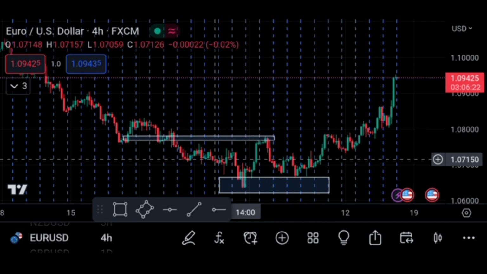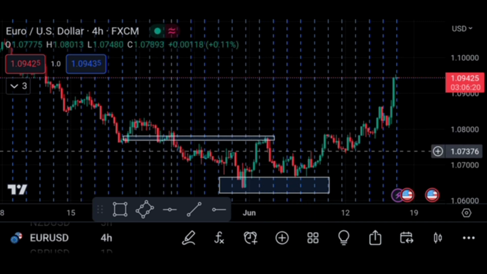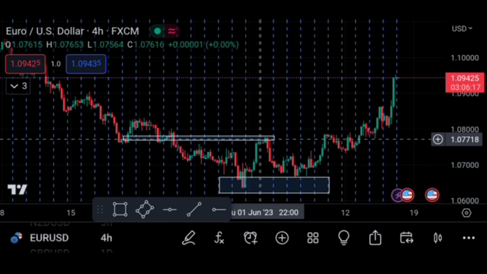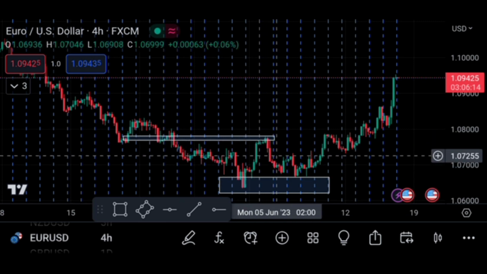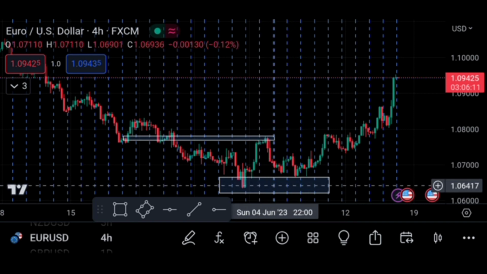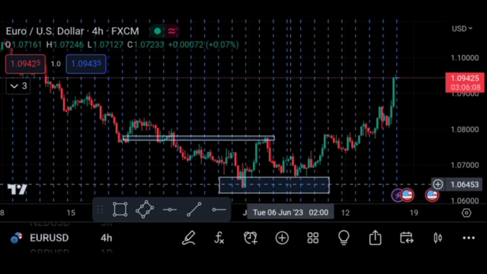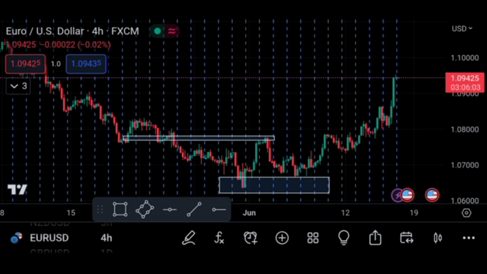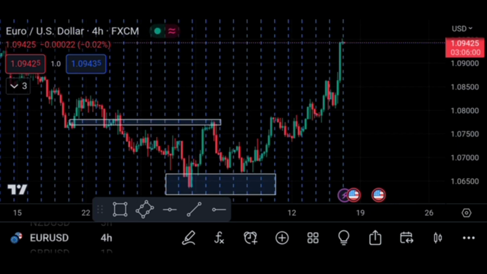See how the market broke our last lower low and came back to retest this low, and after retesting it went down but failed to make a new low. Then it broke this last lower high and started trending up, making higher highs and higher lows. So we are in an uptrend now.